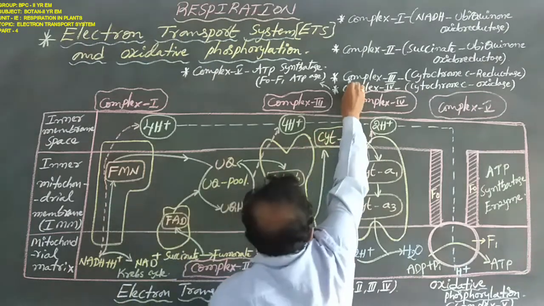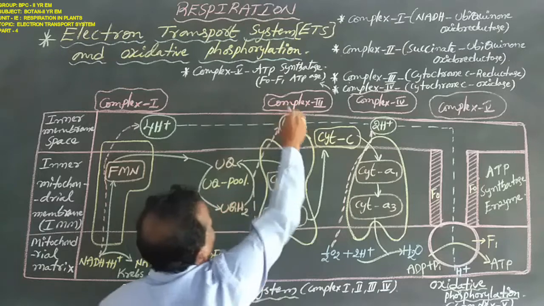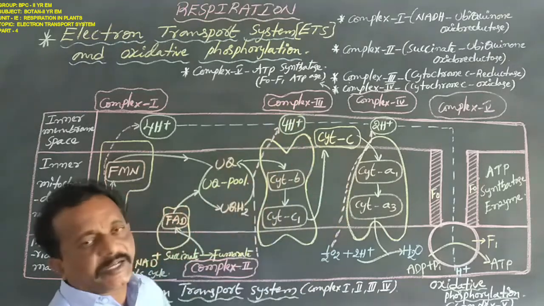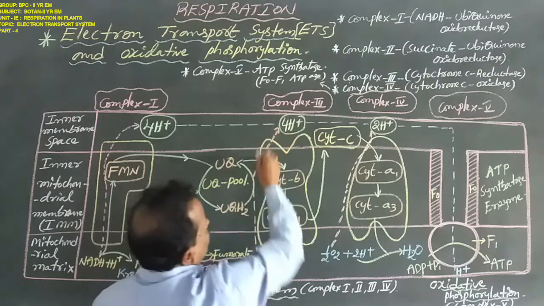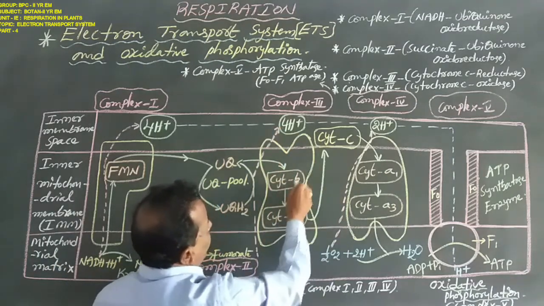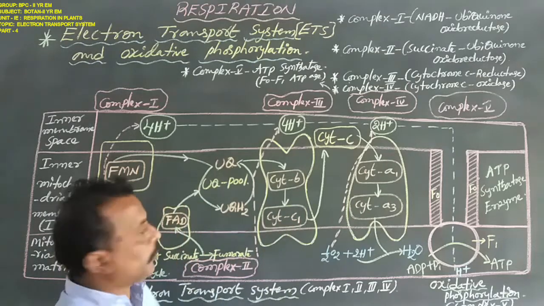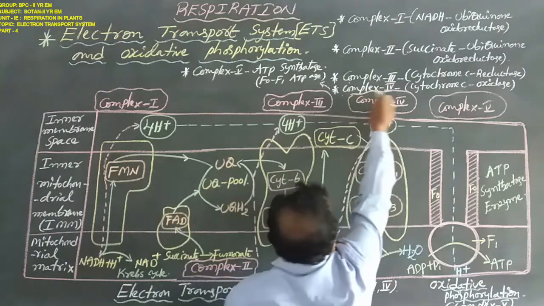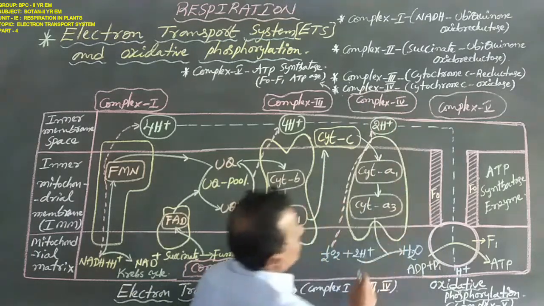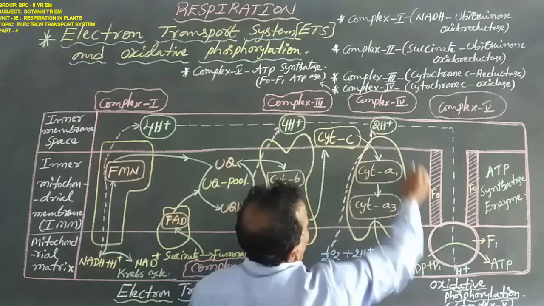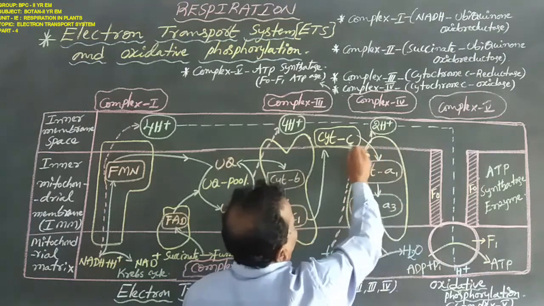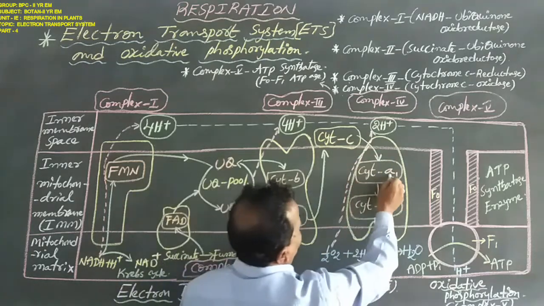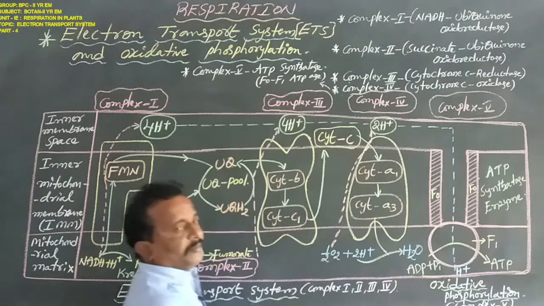Next, coming to complex 3, this is cytochrome C reductase, containing cytochrome B and cytochrome C1. Next, complex 4 is cytochrome C oxidase, containing cytochrome A1 and cytochrome A3.